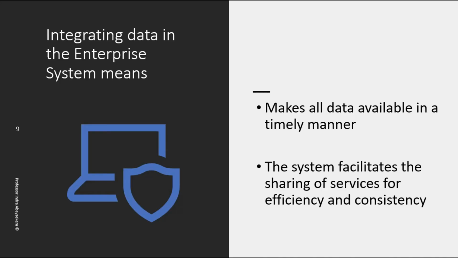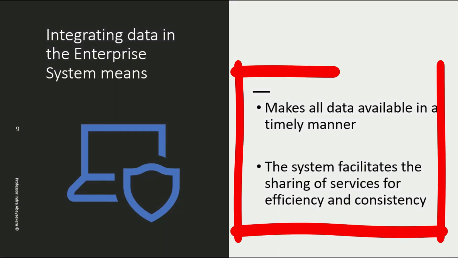So we said that an enterprise system integrates data from various functional areas like marketing, manufacturing, purchasing, and so forth. Important for us to acknowledge is that it makes all data available in a timely manner, to all functional areas.